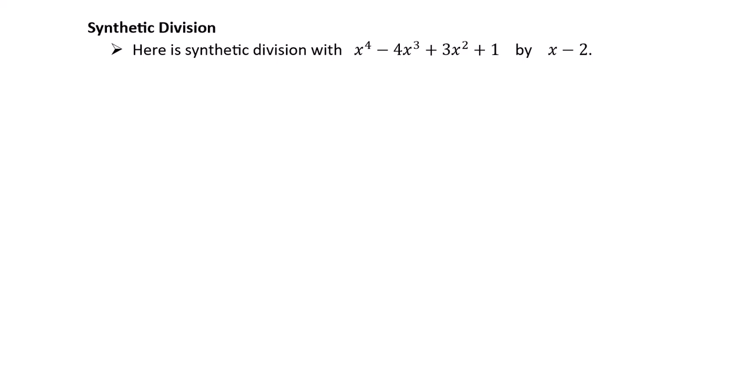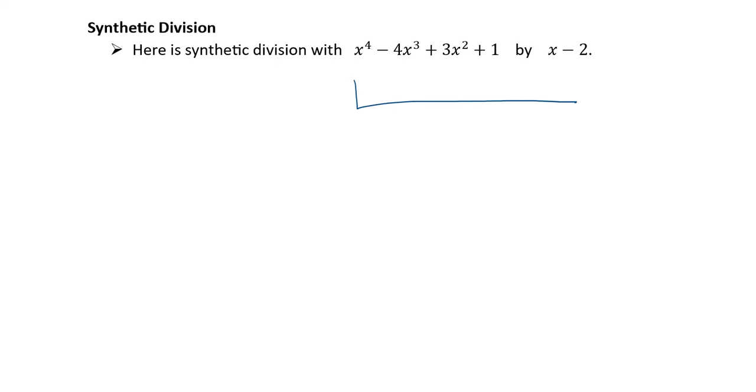Now I want to introduce you to synthetic division. Here is a synthetic division with x to the fourth minus 4x cubed plus 3x squared plus 1 dividing by x minus 2. Okay, we'll go ahead and write a division box that kind of looks upside down.